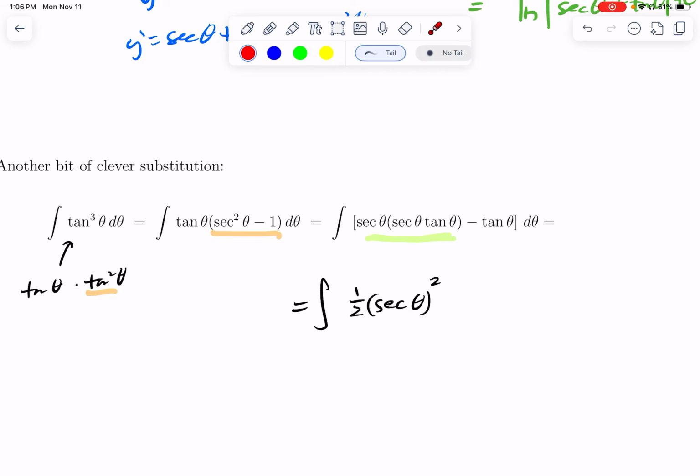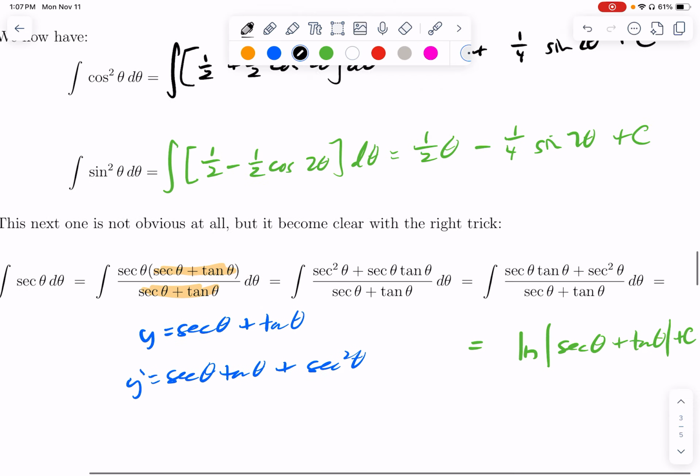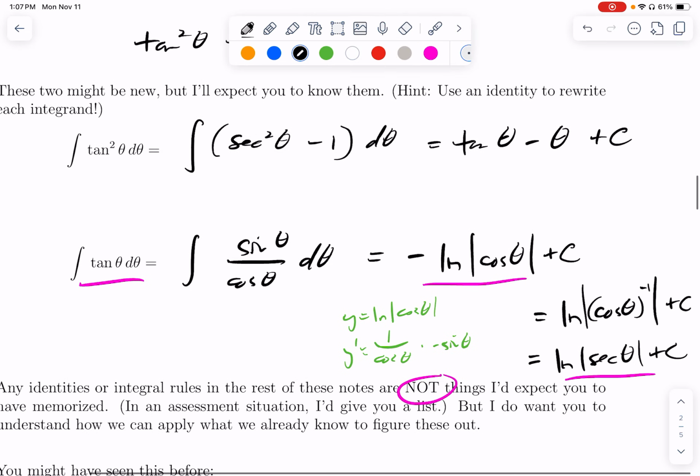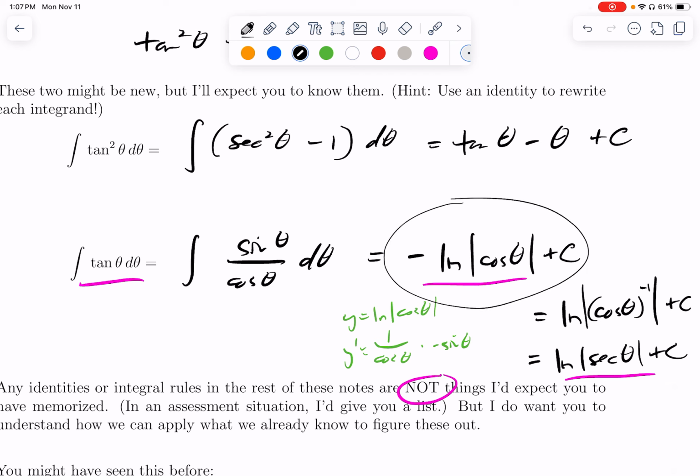But the derivative of this, the 2 comes in front, and then I would have secant theta, then by the chain rule times the derivative of secant theta. There it is. And then the integral of tangent, let's just look that up. We figured it out before. Integral of tangent is minus natural log of cosine theta.